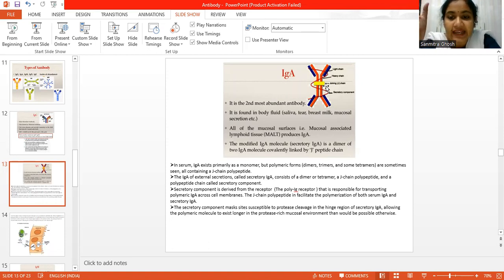Okay. And what is the function of the J chain? J chain actually helps in the polymerization of the serum IgA as well as the secretory IgA.